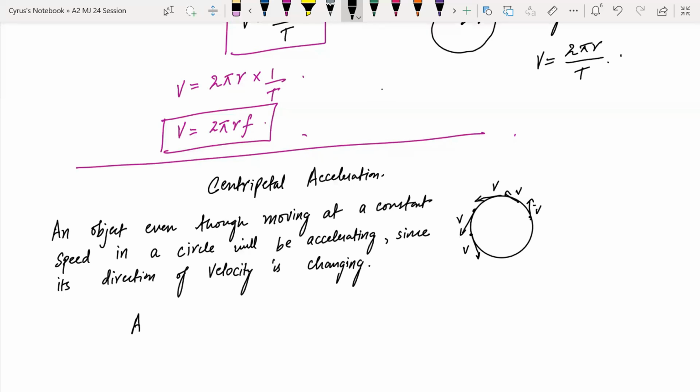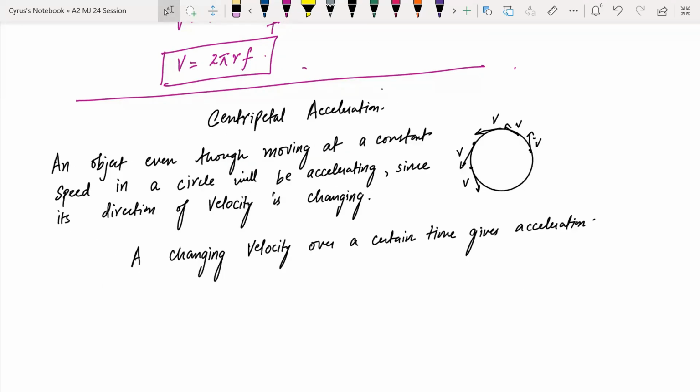You should know that a changing velocity over a certain time gives acceleration. The direction of the acceleration is always towards the center. Okay? And there is a reason for that because of these vectors.